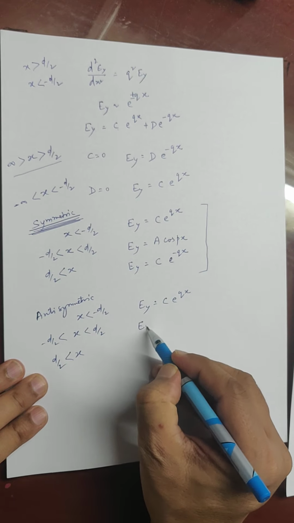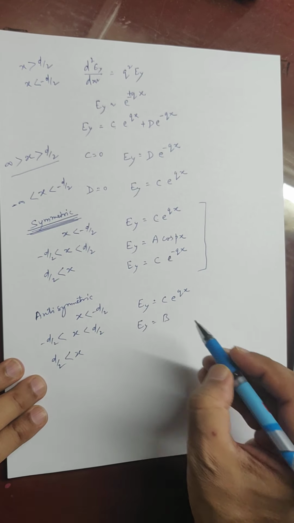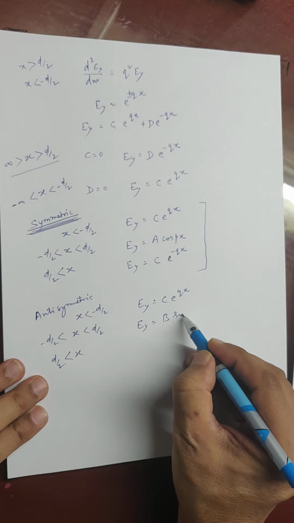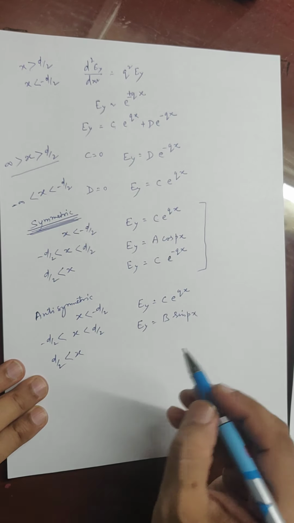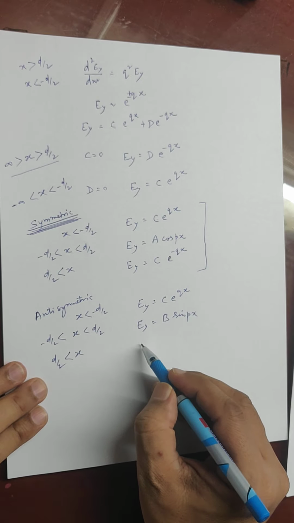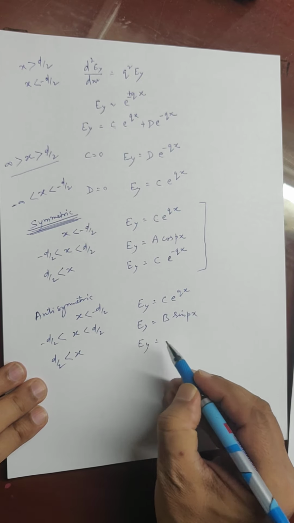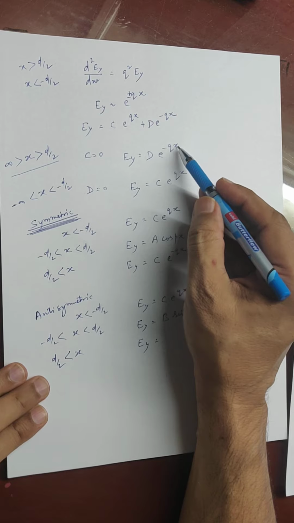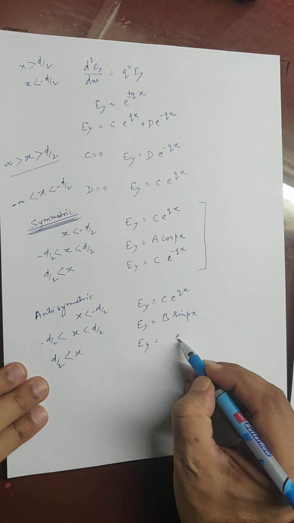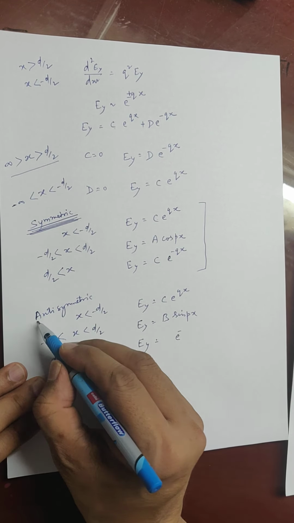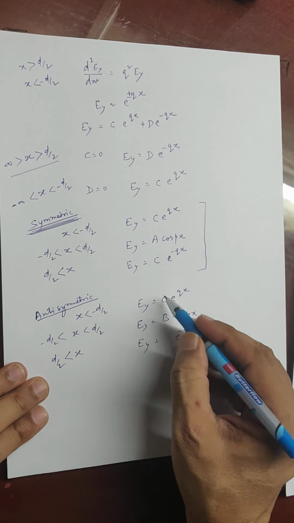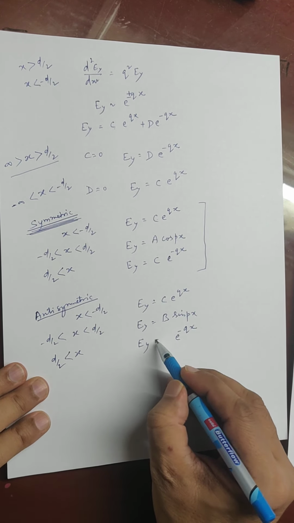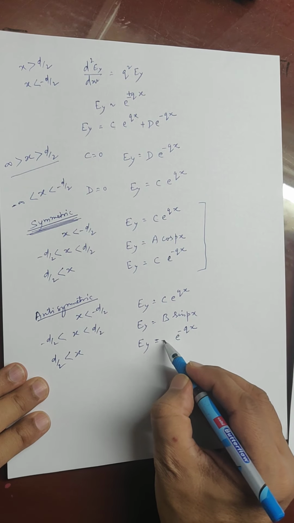Ey in the middle would be equal to b sine px, that we had already derived. And in the last region, Ey would be equal to d e to the power minus qx, but this would remain antisymmetric only if I choose d as minus c.